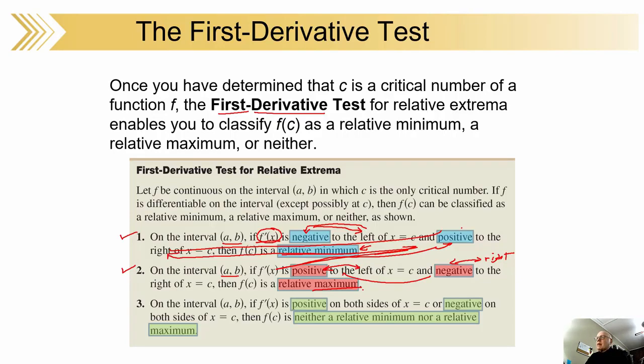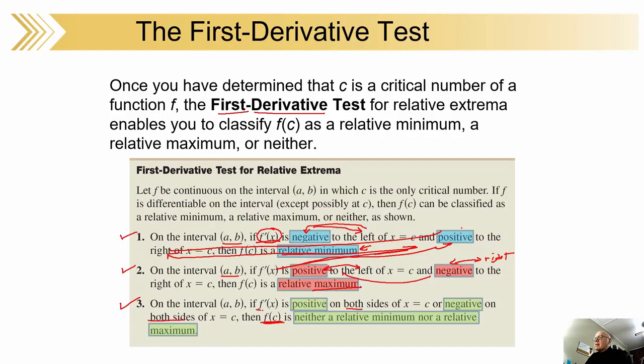Third, you might not think this is important, but it does have an importance, although it is lesser than the other two. If it's positive on both sides or negative on both sides, then that place that you are looking to be a maximum or minimum is neither one. It's the same on both sides, the derivative.